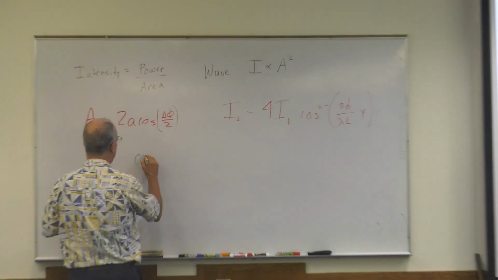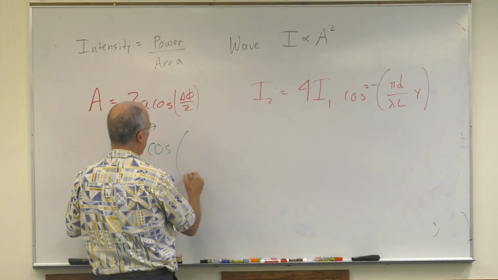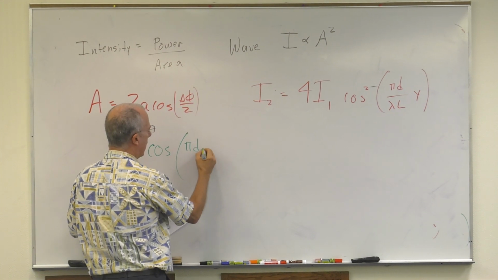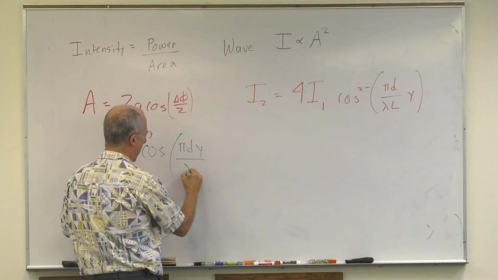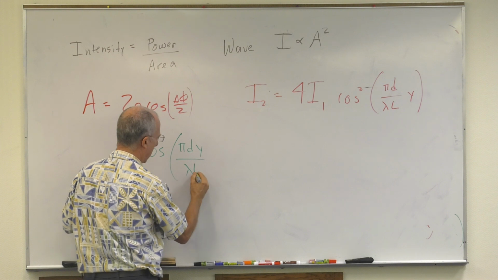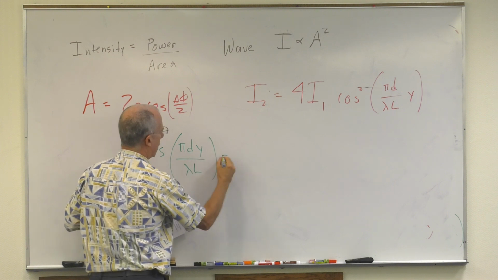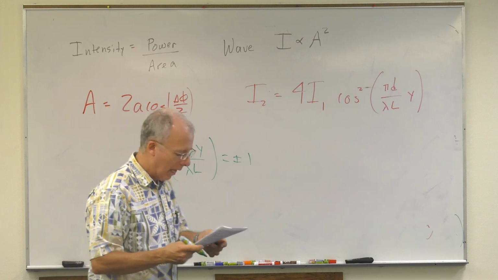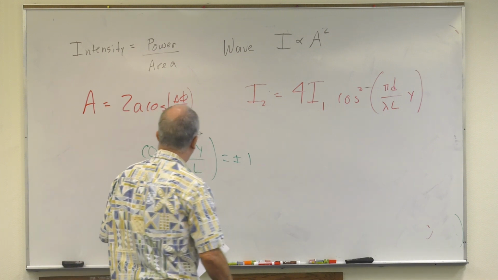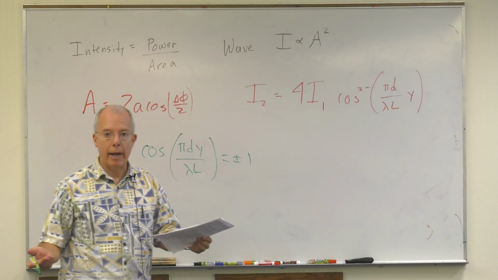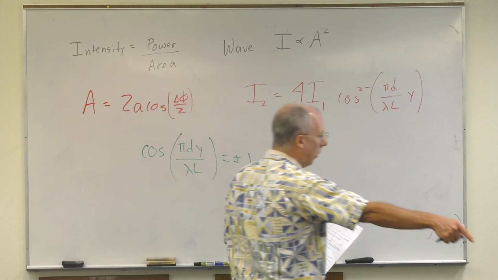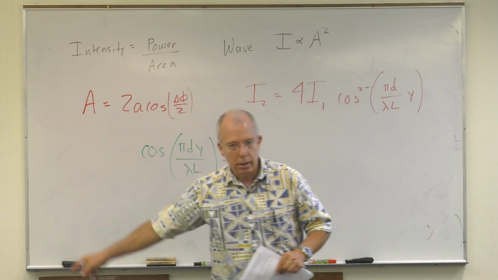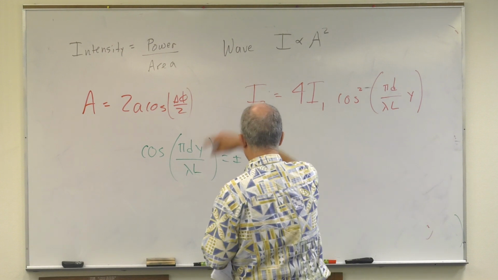Cosine of the angle, which is pi dy over lambda L, could equal plus or minus 1, because that's the maximum cosine. Well, where does cosine equal plus or minus 1? At 0, at pi, at 2 pi, and so forth.